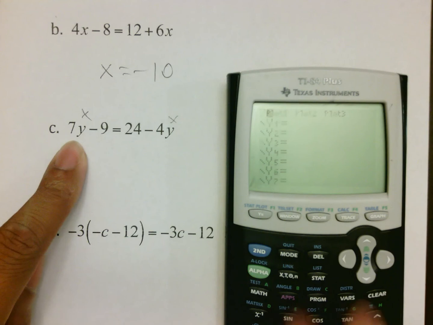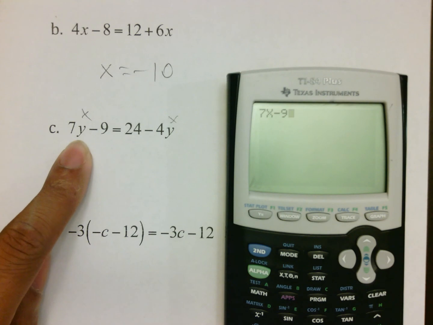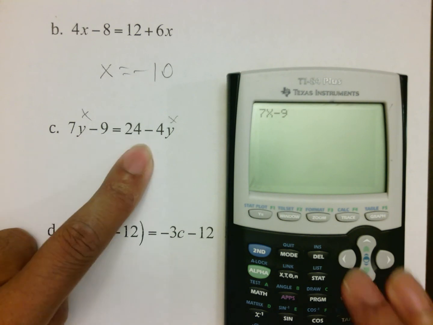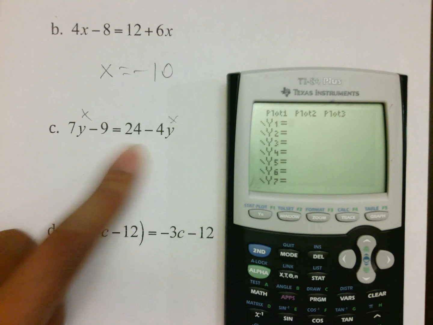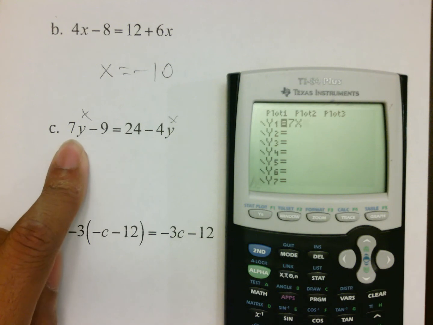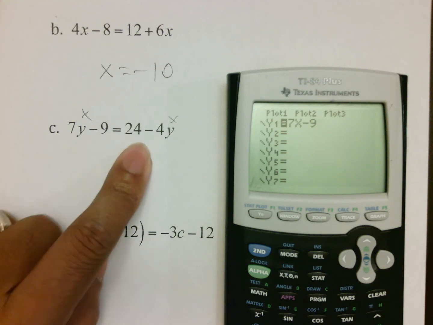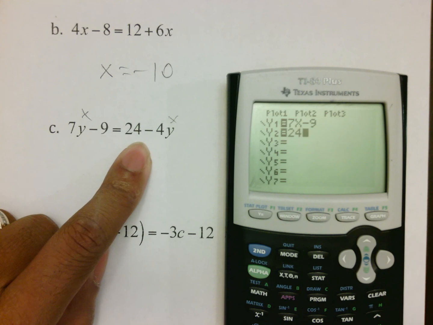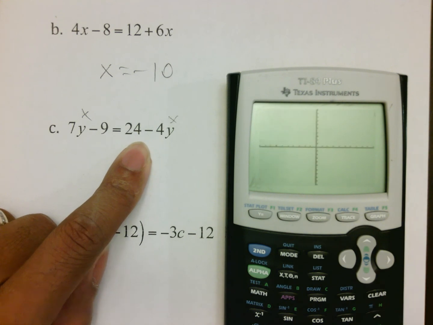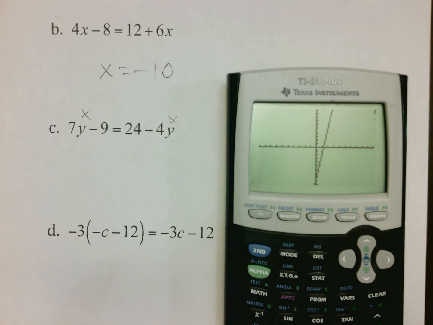So we type 7x minus 9. And then go down, y equals, we hit 7x minus 9. And then we go over and we hit 24 minus 4x, again not y. You graph that out, you wait for it to stop working for a moment.